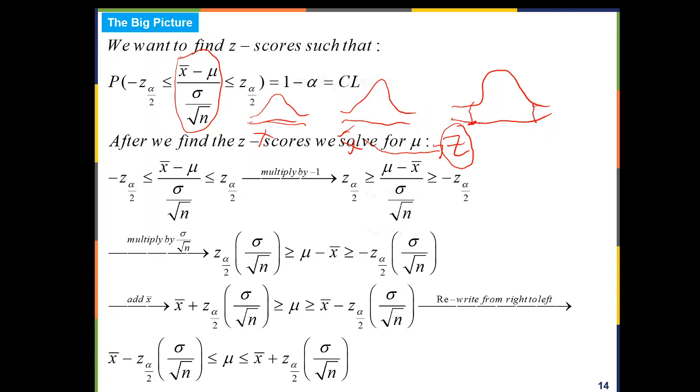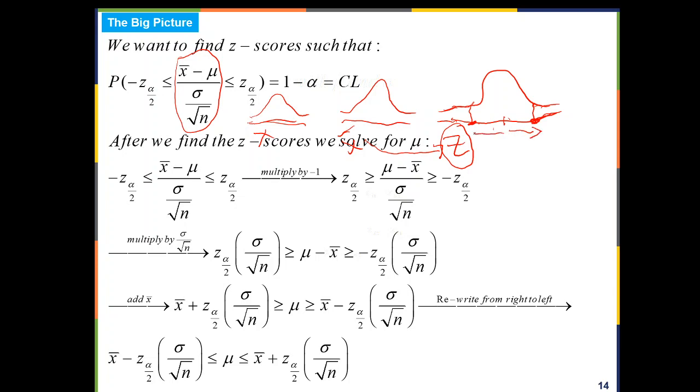Now, I said I use the empirical rule to say that we can go 2 standard deviations to the right and left of the mean, but we don't have to use the empirical rule. We can use just the z distribution.